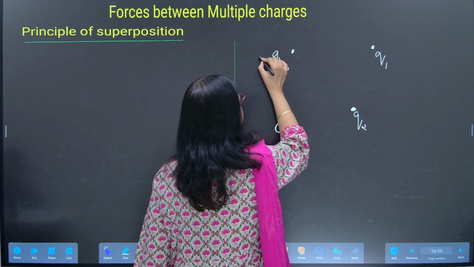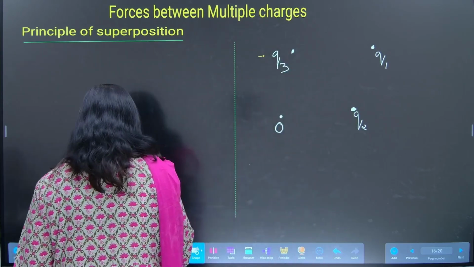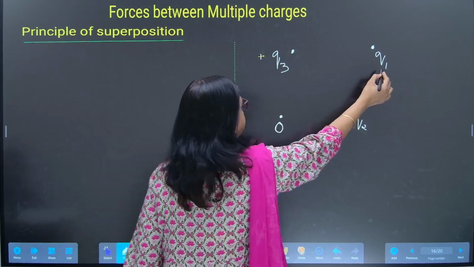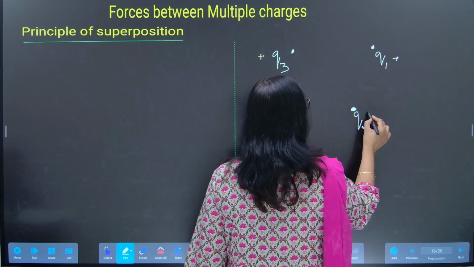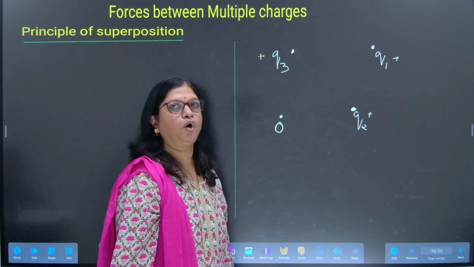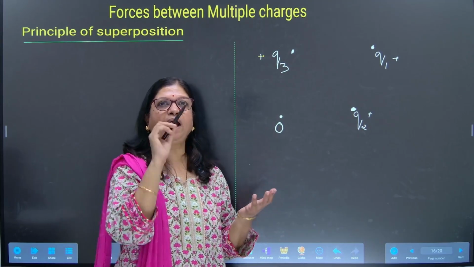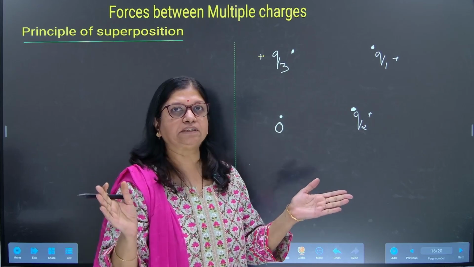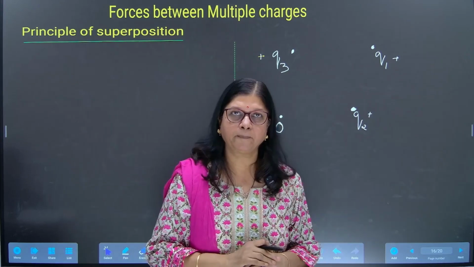Now, as I said, all these charges are positive, so let us write them as positive. And let us consider the force of Q2 and Q3 on Q1. Now, if all are positive, then all of them will push each other.